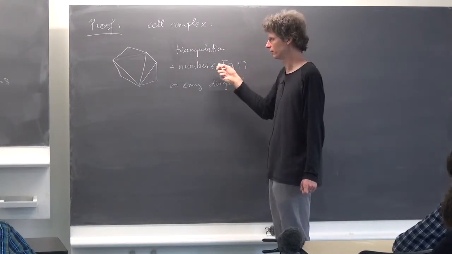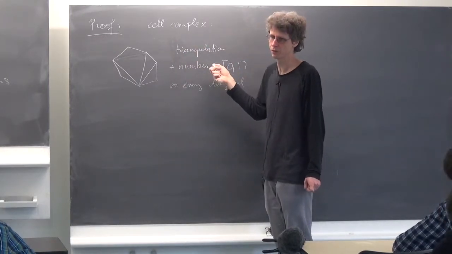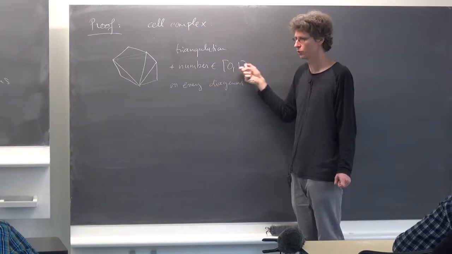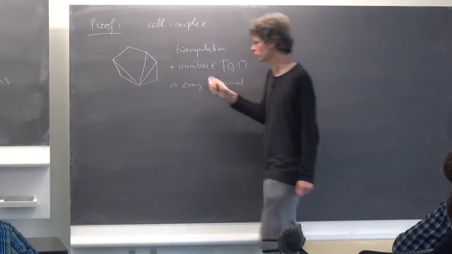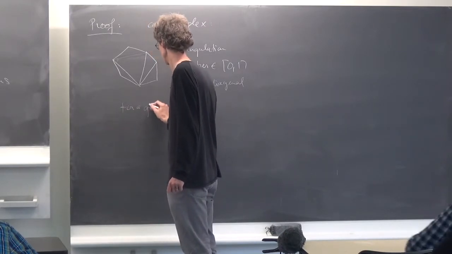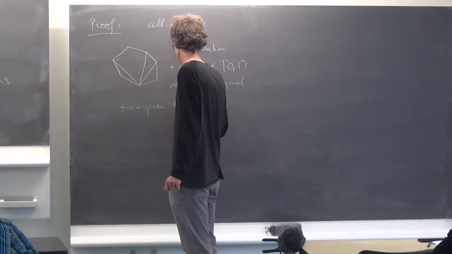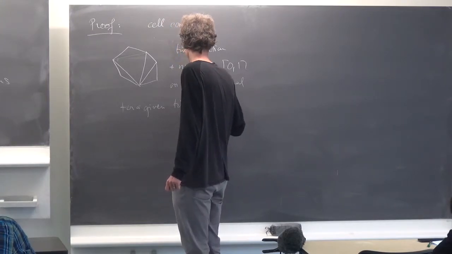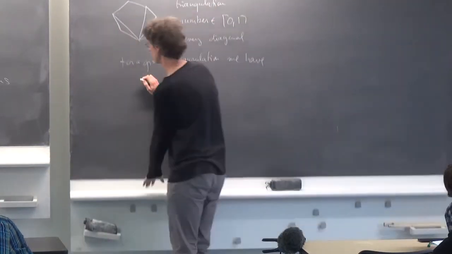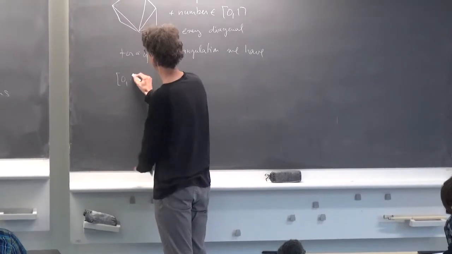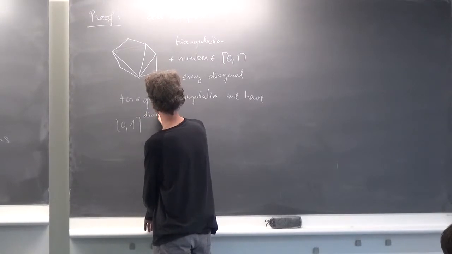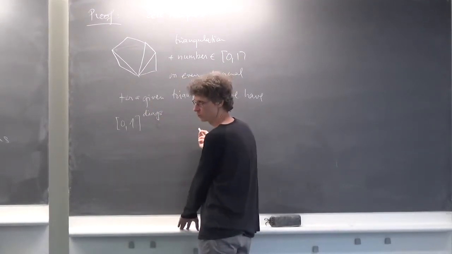So for a given triangulation, what we have here is a cube. For each diagonal, we're choosing a number, so we have something like [0, 1] to the power of the set of diagonals. In other words, a cube.